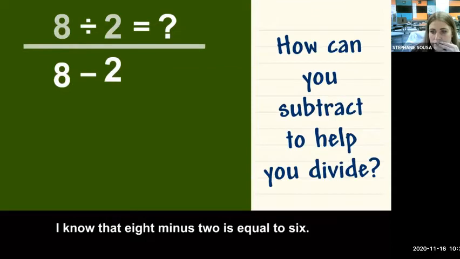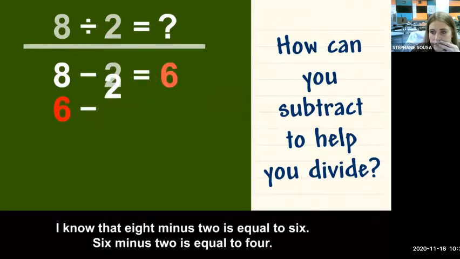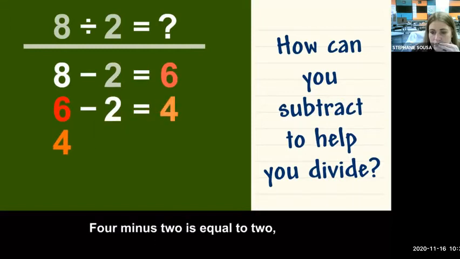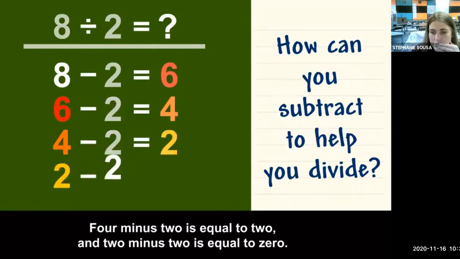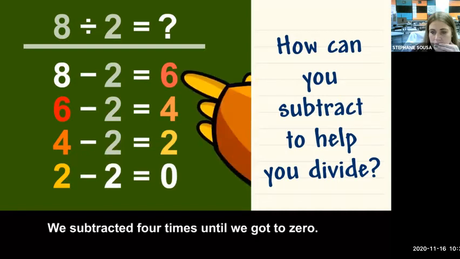I know that 8 minus 2 is equal to 6. 6 minus 2 is equal to 4. 4 minus 2 is equal to 2. And 2 minus 2 is equal to 0.